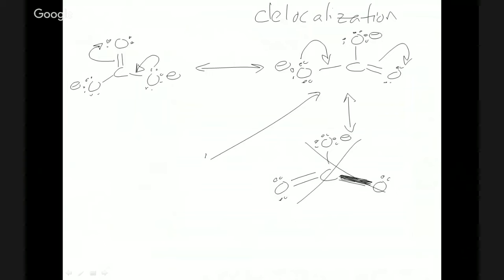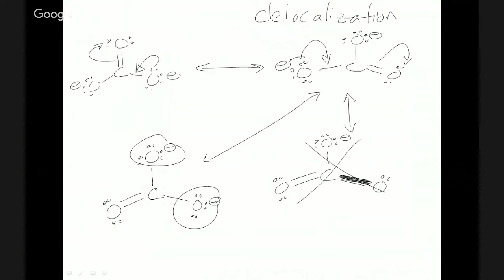You get to see me make mistakes from time to time. There we go. You'll find that you'll be writing these things very quickly. So now these two charges are shared on these two oxygens. Here's the negatives, and there's the negatives. So the take home is this oxygen negative charge is spread out.